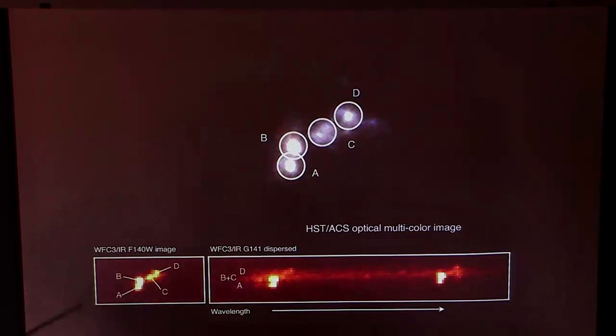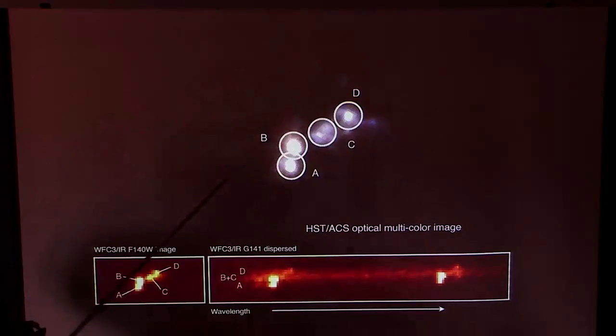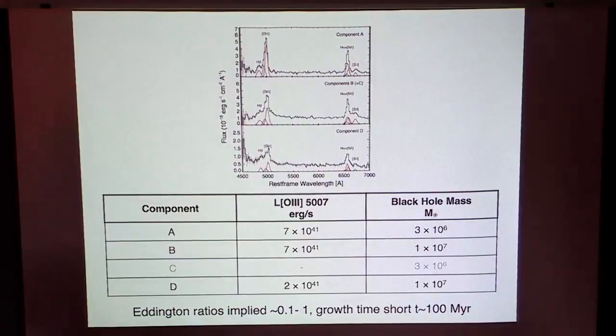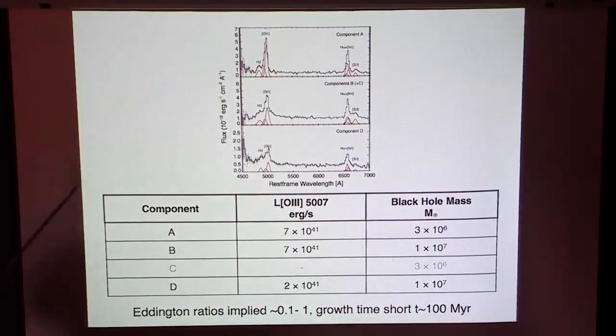Now, what makes this galaxy so interesting is that clumps A, B, and D, the bright ones, contain AGN, contain growing black holes. And we know this from the huge [OIII] to H beta ratio. The whole object is a Chandra source. It's an X-ray source, but it's too far off the aim point to be able to resolve where the X-rays are coming from.